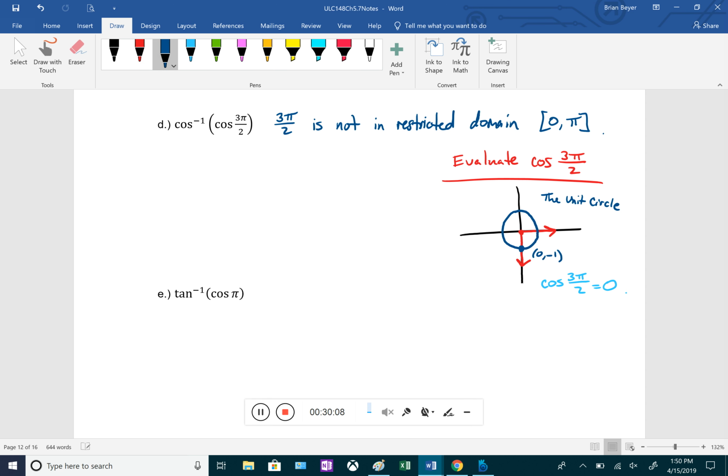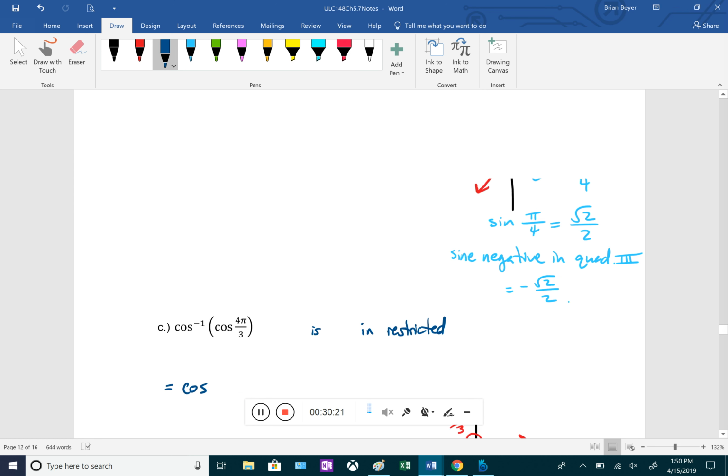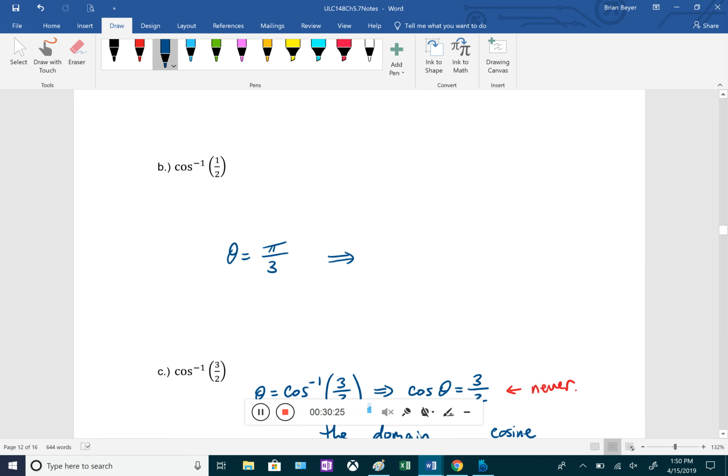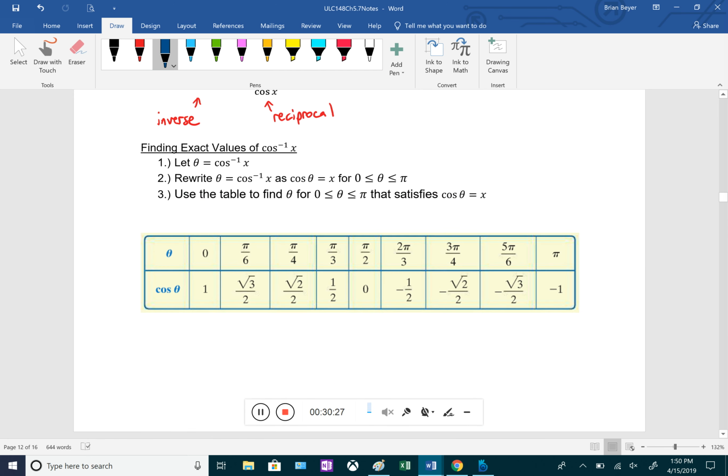Okay, so this means that going back to the original question, we are evaluating cos inverse of 0. So going back up to that table from several pages ago, this is saying cosine of what equals 0 from 0 to pi.